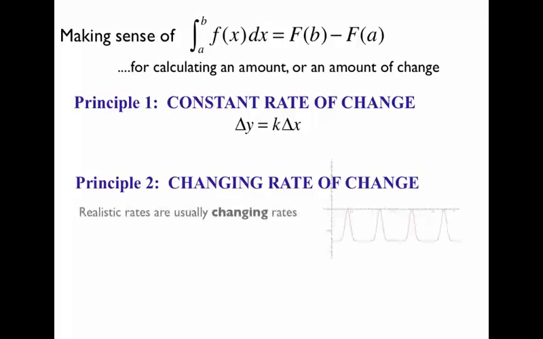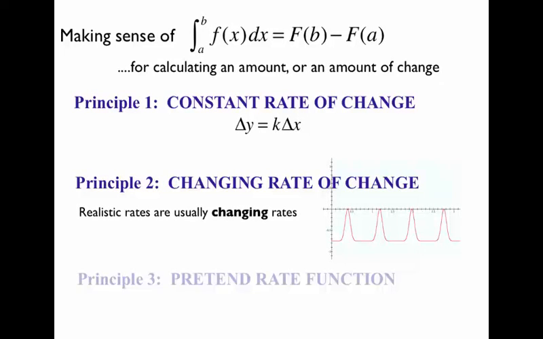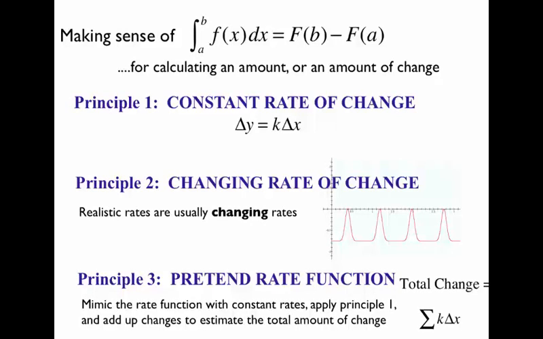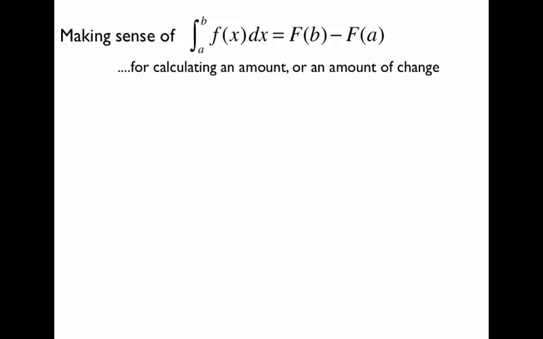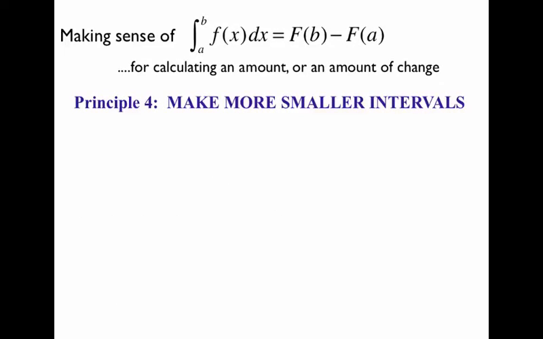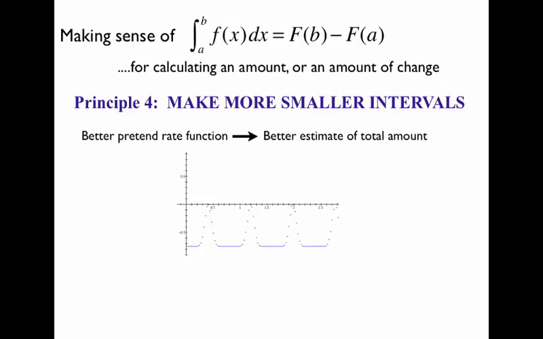Okay, changing rate is more realistic, so we have to do a pretend rate function. And if we want the total change using the pretend rate function, we're going to sum up a bunch of k delta x's. So, principle 4: make more smaller intervals, better pretend rate function, better estimate of total amount, better ingredients, better pizza.